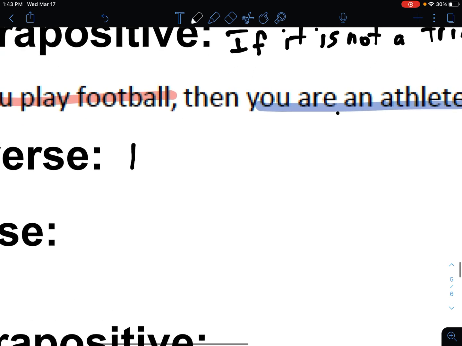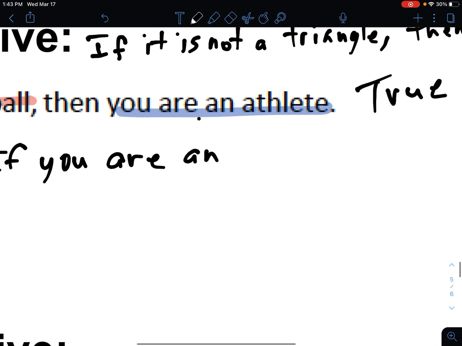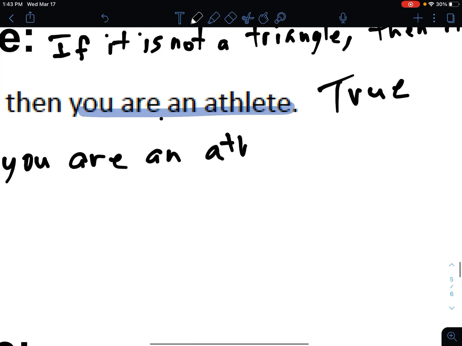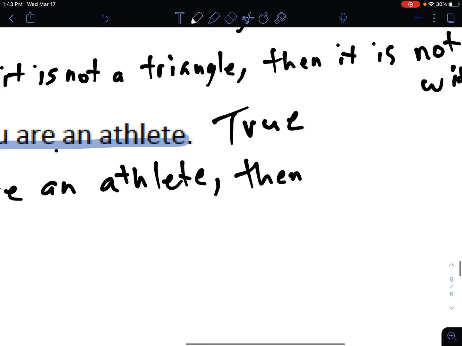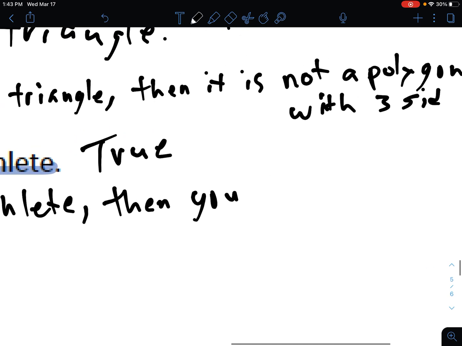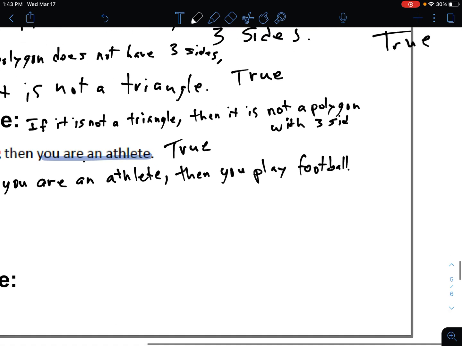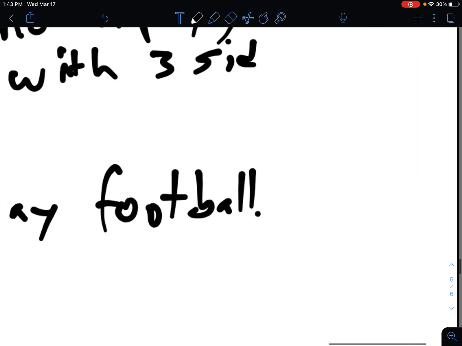So if Q, then P. If you are an athlete, then you play football. Is that a true statement? If you are an athlete, you play football. That is absolutely false.